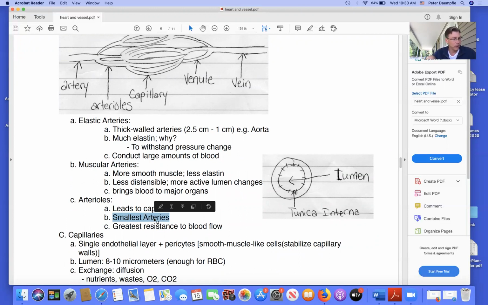The image is of the muscular arteries, the elastic arteries, and finally the arterioles being rather small. And because the size decreases so much, there is more resistance to blood flow as blood moves through the arteries and leads into the capillaries.